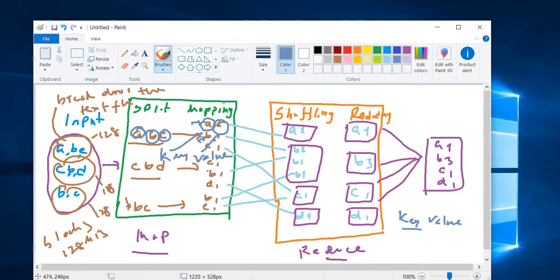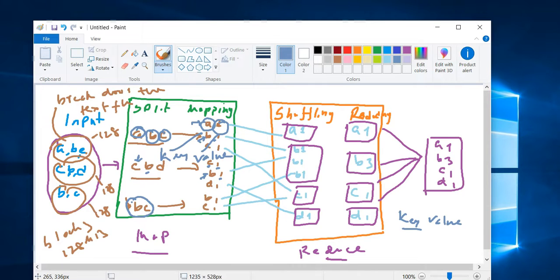And again the same way it is being repeated. So we are going to have C as the key, and then the value is 1, and with this B we are going to have a key which is B, and the value is 1. Like that we are going to get the map function for this BC as well.